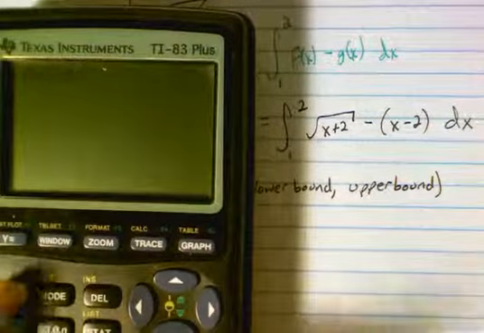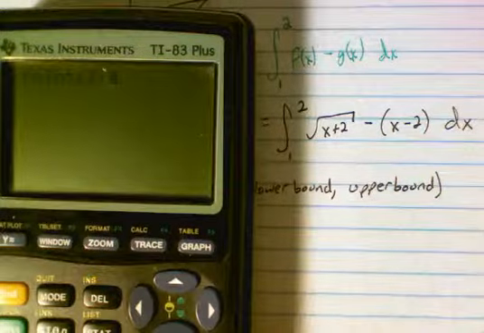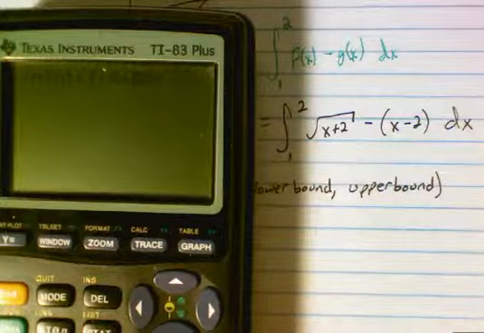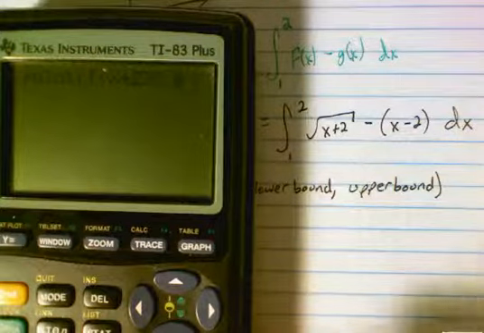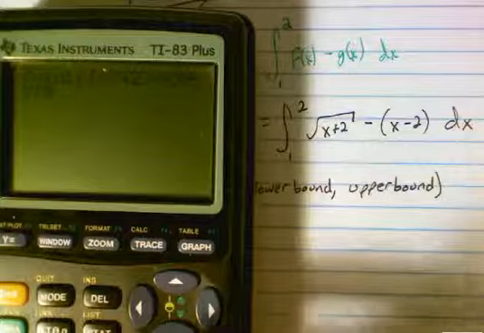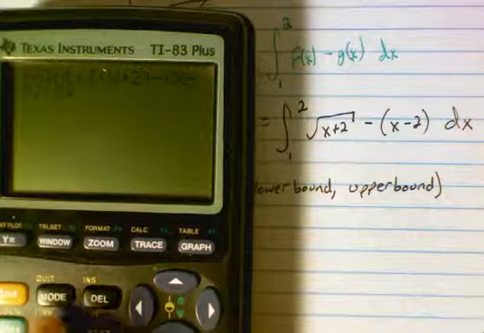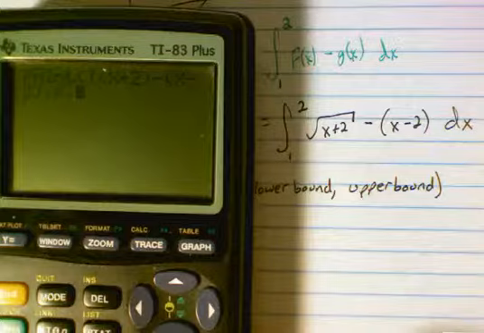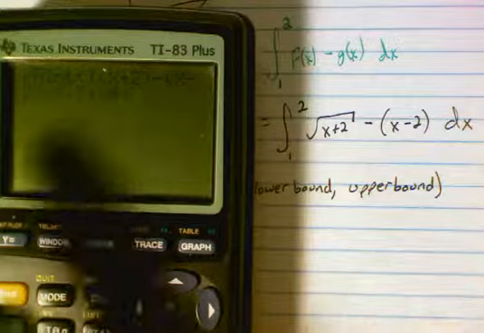Our expression is the square root of x plus 2. Close parentheses, minus in parentheses, x minus 2. Comma, our variable is x, our lower bound is 1, and our upper bound is 2, right like that.